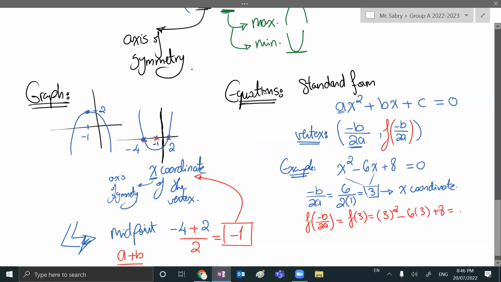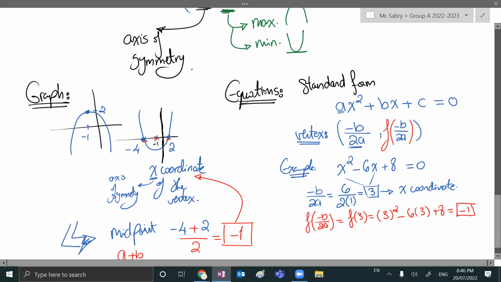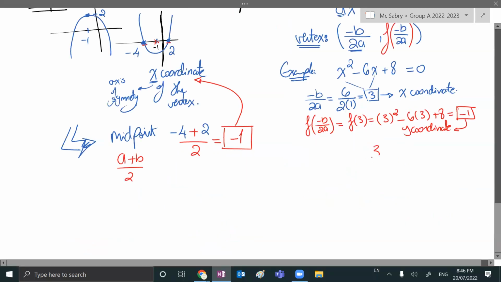Once you calculate that, it will get you -1, and this is the y coordinate of the vertex. So now I have the full vertex, which is 3 and -1. Does this make sense? Are we clear on this example and this form in general?